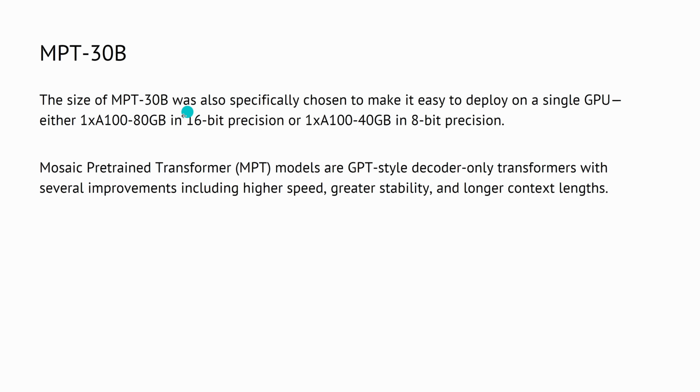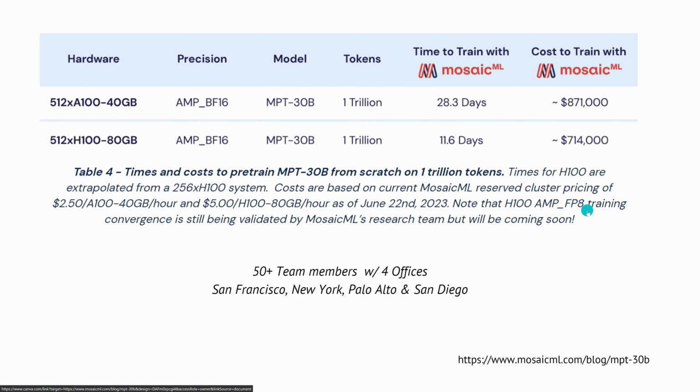Either you go with bfloat16, a 16-bit precision of your model, on an A100 80 gigabyte GPU from NVIDIA, a data center GPU, or you go down to 8-bit precision, you lose a little bit, but you can run it on an A100 40 gigabyte. So this model has been optimized here for NVIDIA precision runs, if you want. MPT, if you wonder, Mosaic pre-trained transformers, GPT-style decoder-only transformers, with several improvements. I already talked about this.